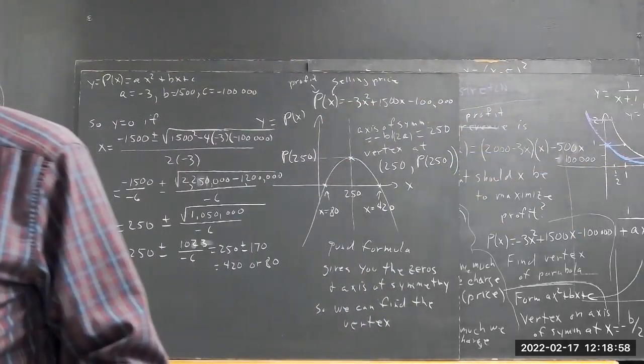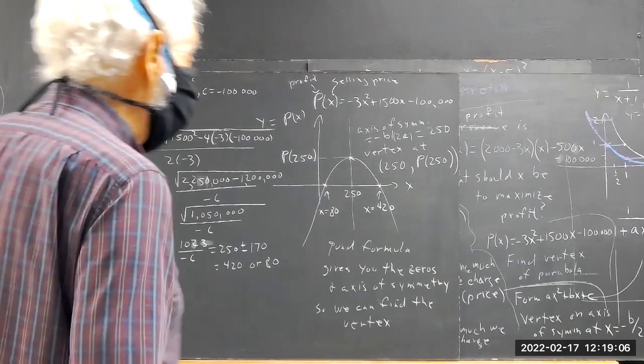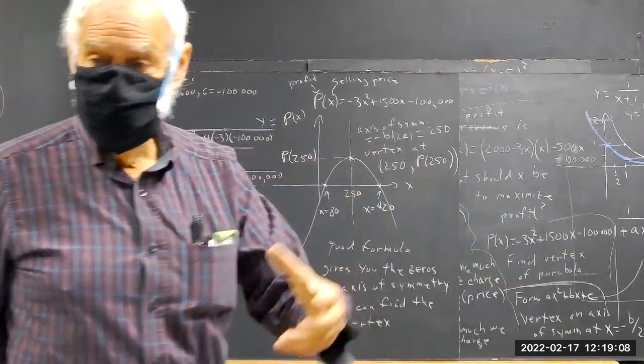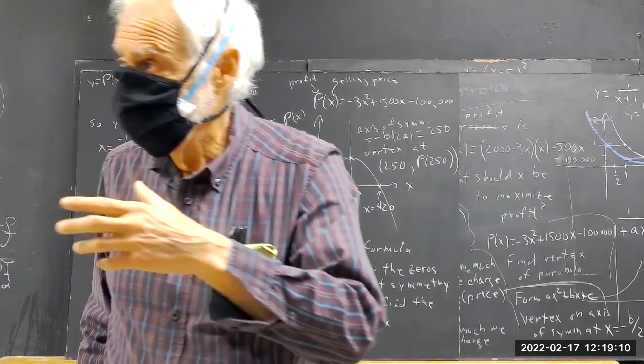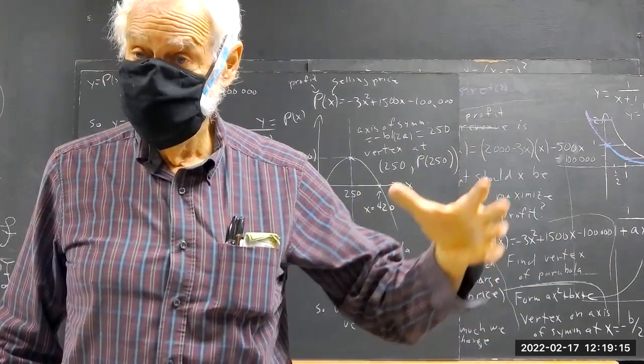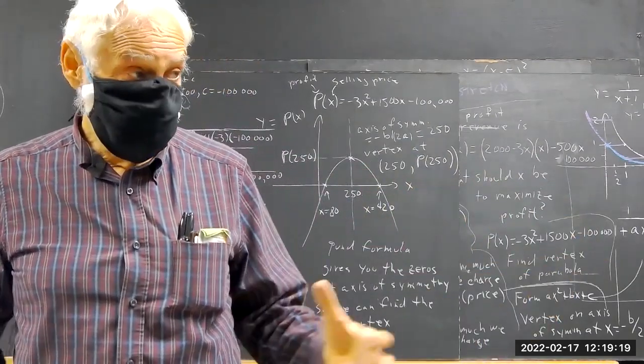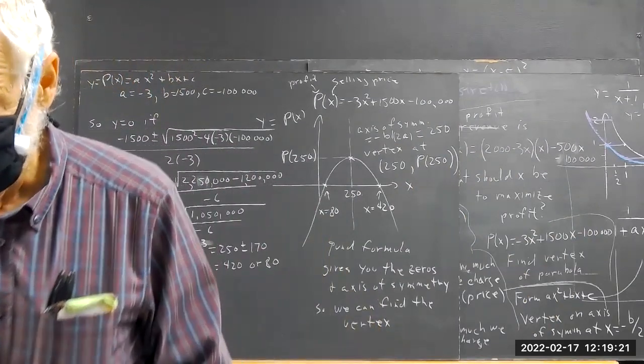Hopefully, we have good data to make our prediction on. It's a gamble, but it's based on hopefully solid mathematics and solid analysis of good sufficient data. Okay. Still a gamble. There it is.